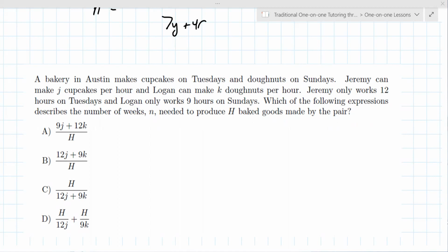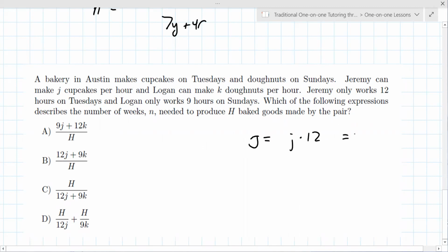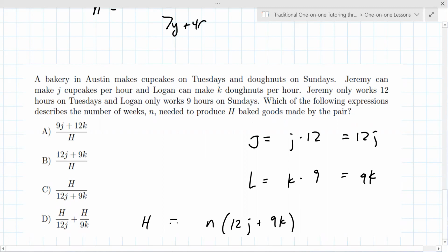So it's going to basically take on the same form as the previous one, which is what makes it not too bad after seeing one or two multiple choice. So it's J. Jeremy is J times 12, or 12J. Logan is K times 9, 9K. So it's 12J plus 9K equals H baked goods.